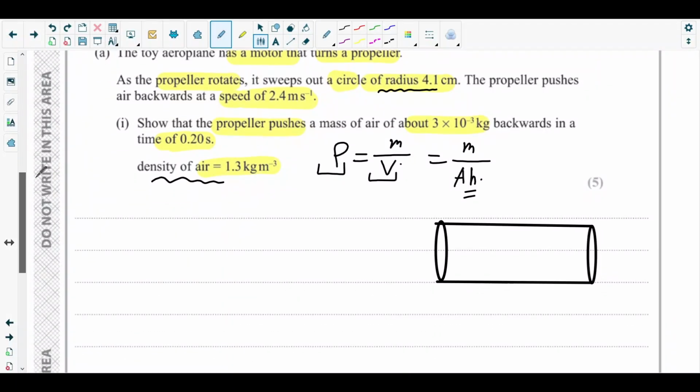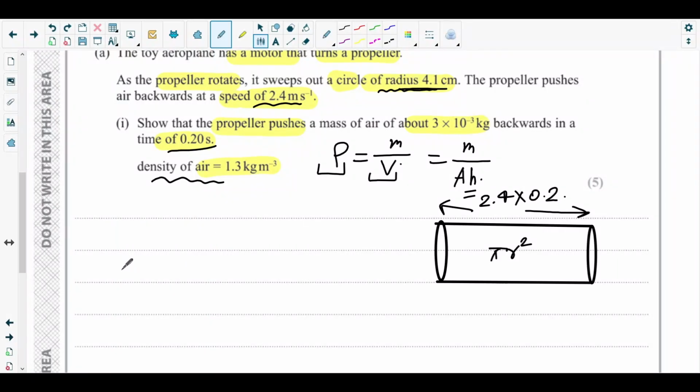So let's consider the area of cross section. We know this is pi r squared, and this length would be the distance covered by the air particles in the given time. This is vt, 2.4 times the time, which is given as 0.2 seconds.